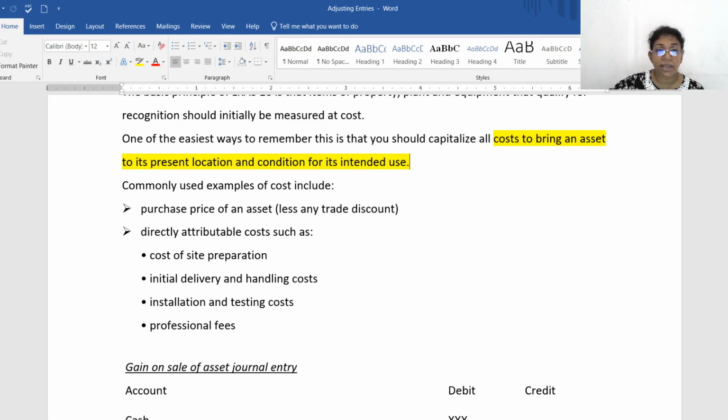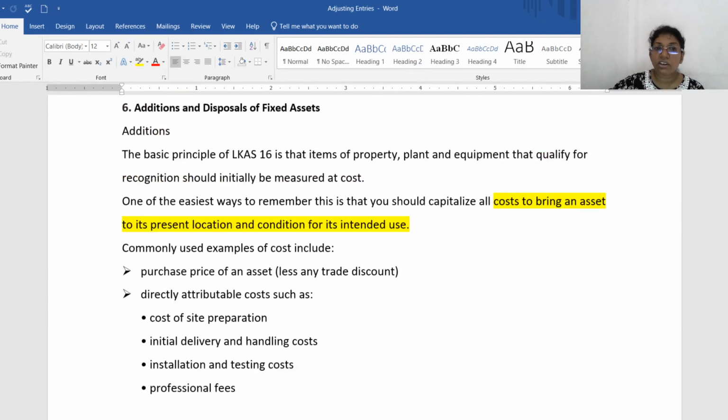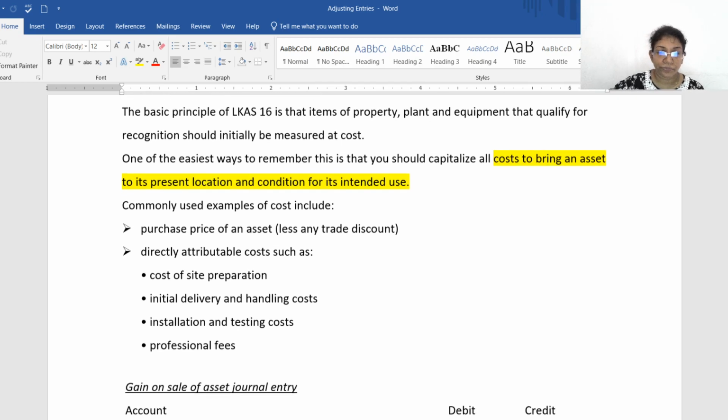At the same time, if we are going for a trial, then we have to consider that as well. It depends on the question. So the additional fixed asset cost has to be added to the fixed asset, and we credit the cash account.